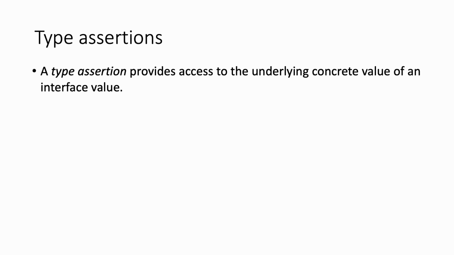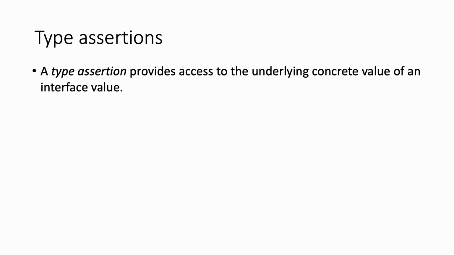Another feature related to interfaces is type assertions. A type assertion is a statement that provides access to the underlying concrete value of an interface value.